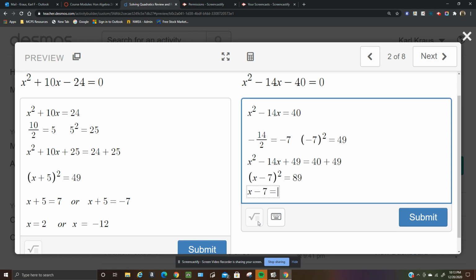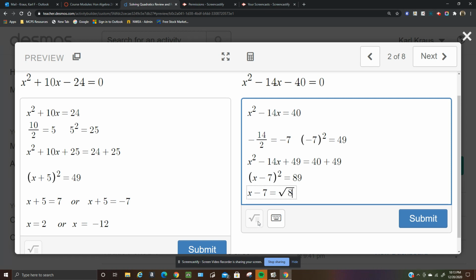We're going to separate this again into two equations. X minus 7 equals the square root of 89. The other equation would be x minus 7 equals negative square root of 89.